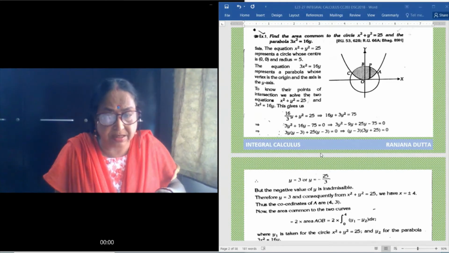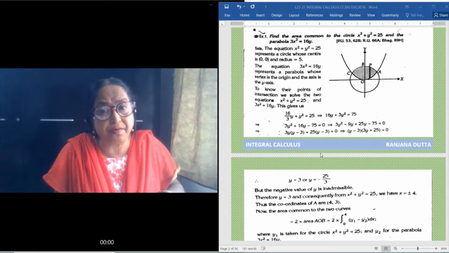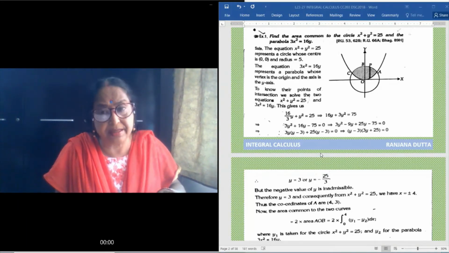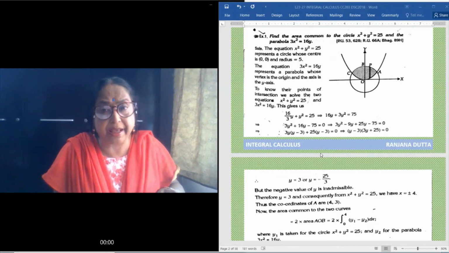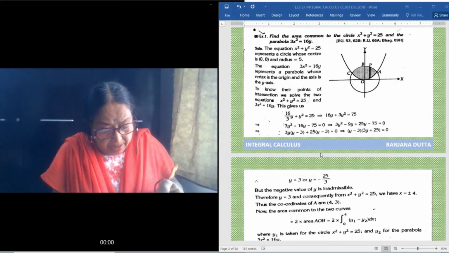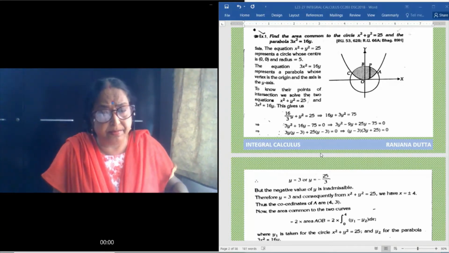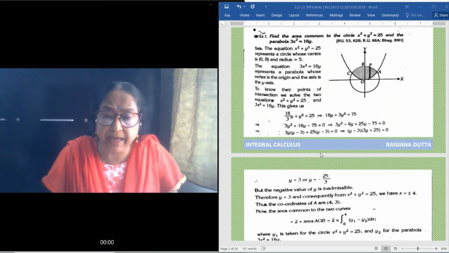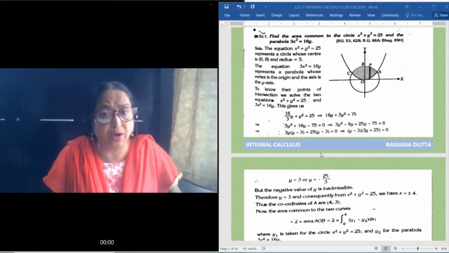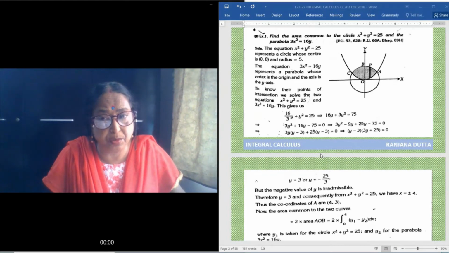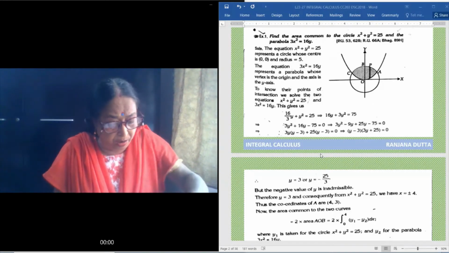Find y1 of the circle, that is y squared = 25 minus x squared, so y1 is the square root of that, and y2 = (3/16)x squared. So y1 minus y2 is put in. The coordinates of the point A we can find by solving the equations of the two curves, that is the point of intersection of the two curves.